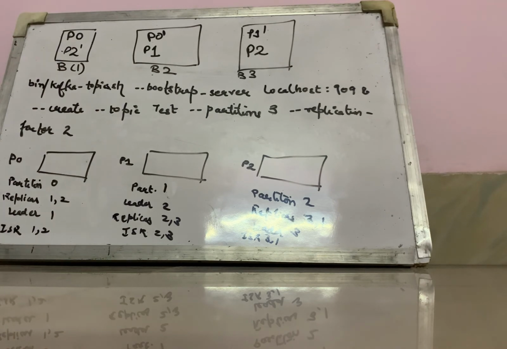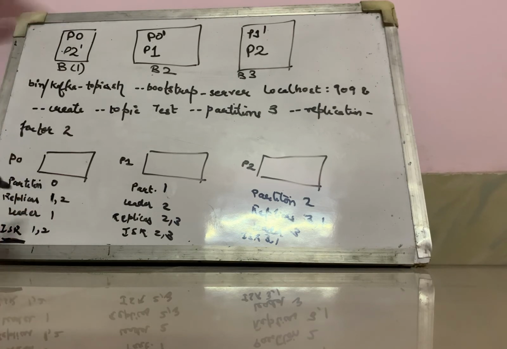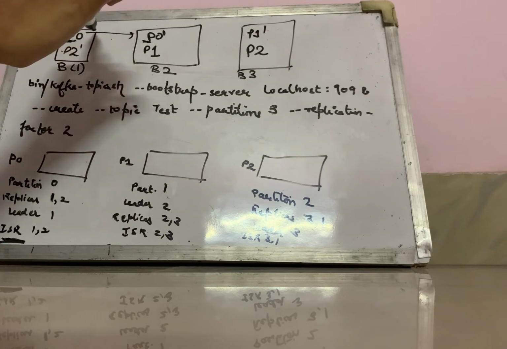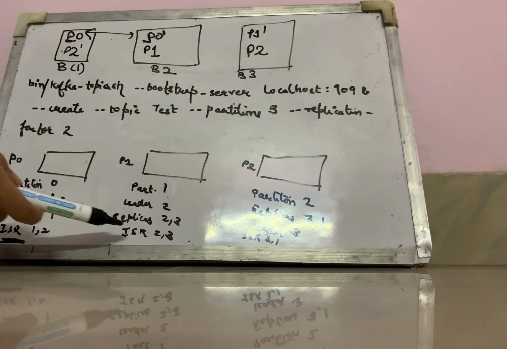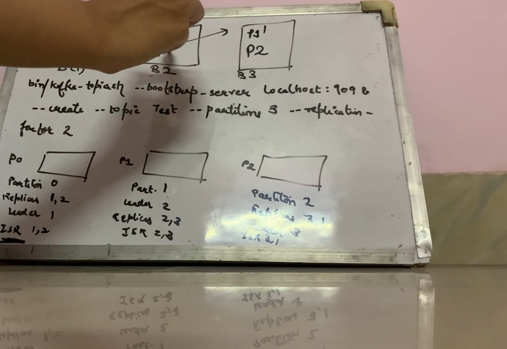And in-sync replicas tells us that all the partitions are in sync with each other, like this one and 2 are in sync with each other. Then here 2 and 3 are in sync with each other.